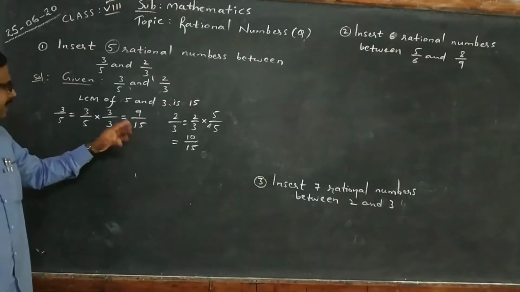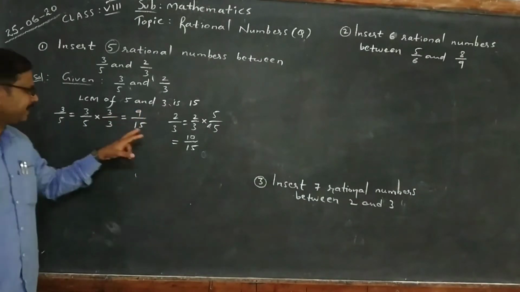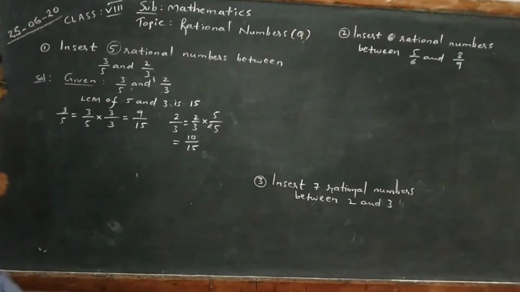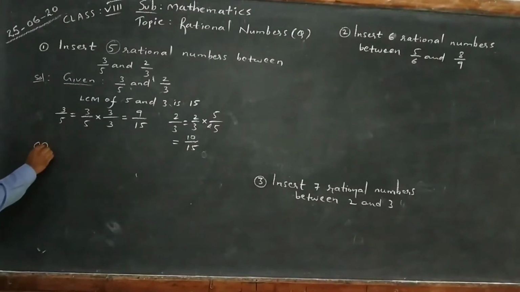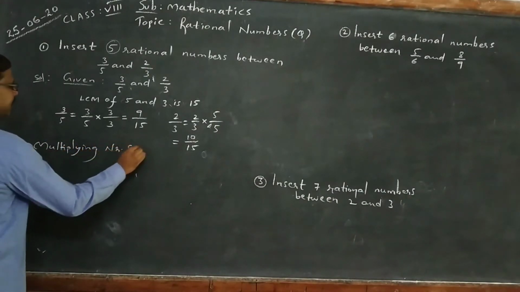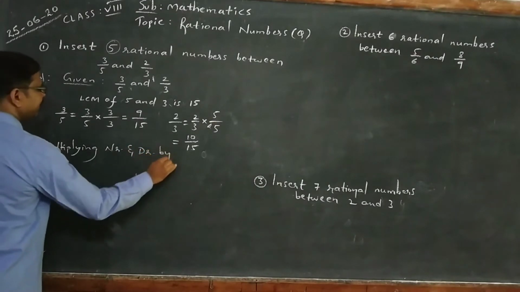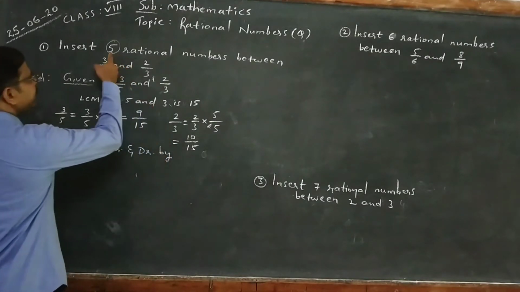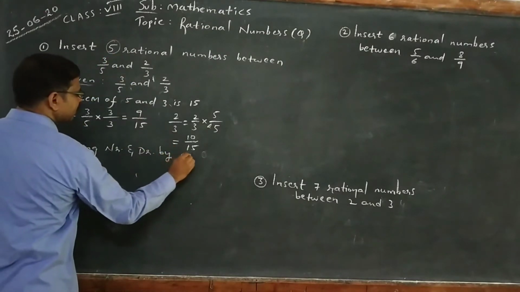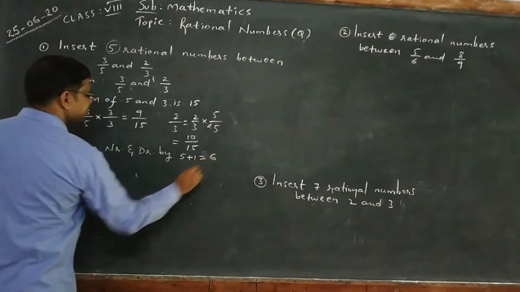Can you find any rational number between 9 by 15 and 10 by 15? No. So next step, second step I told you, multiply numerator and denominator by the number of rational numbers we have to insert, plus 1. How many? 5. So 5 plus 1 equals 6.